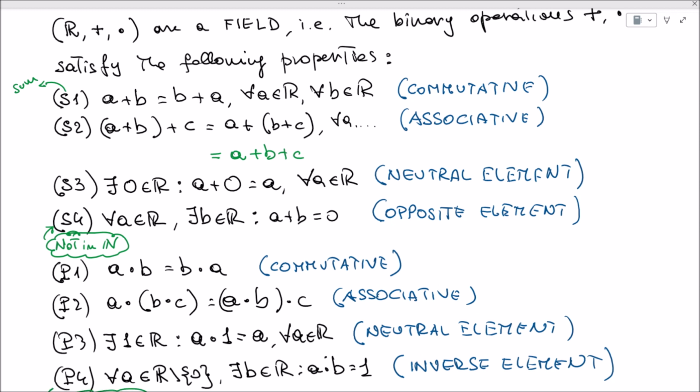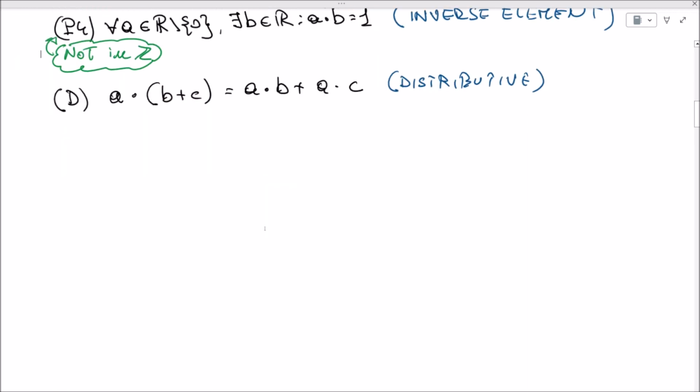In fact, if we stay in Z, which is the set of relative integers, we cannot find the inverse of any number in Z. So up to this point, it seems that these properties that are defined for the field of real numbers, together with the operations of sum and product, have nothing peculiar to real numbers, but they might also be true for relative integers. But let's keep moving, and let's now pass to the other set of axioms, which are called the ordering axioms.